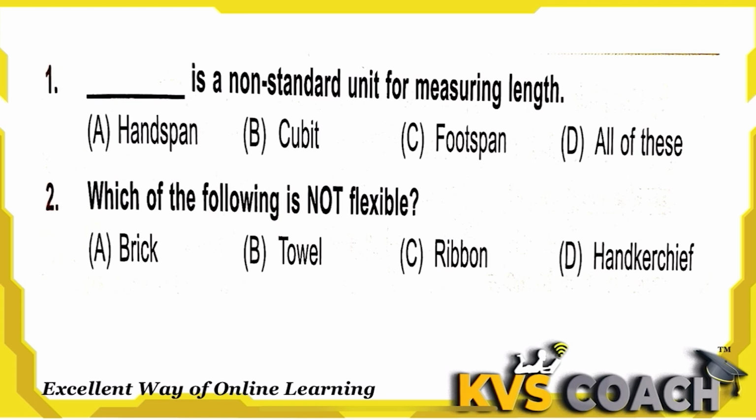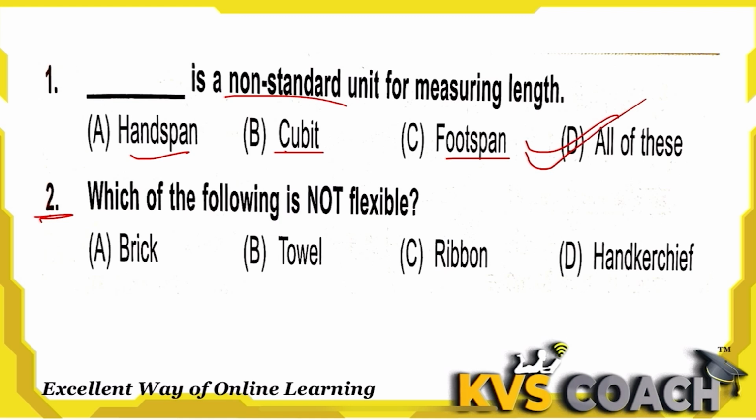So these are non-standard units which can vary from person to person. Similarly, measurement of length varies with cubit and foot span also. So all of these are non-standard units of measurement.